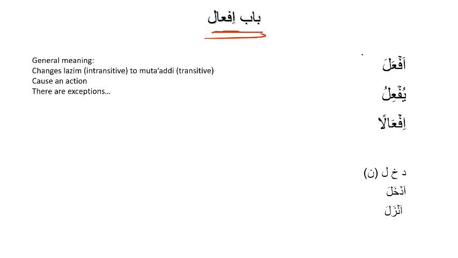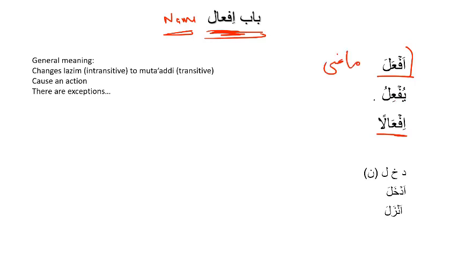So your most basic bab, or one of the babs, is called babe ifal. And for each of these babs, there are 3 important things that you need to know. You need to know the past tense form, af'ala. So babe ifal, this is the name of the bab. This is the past tense, madi.